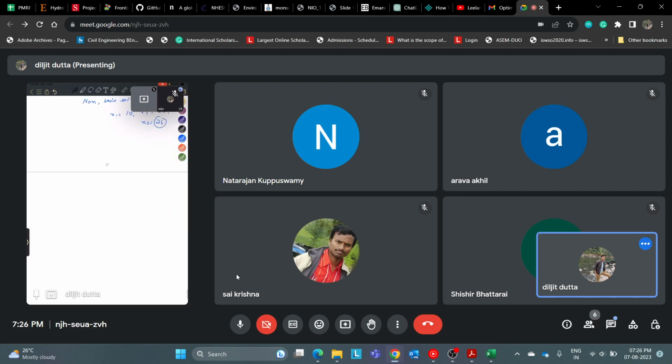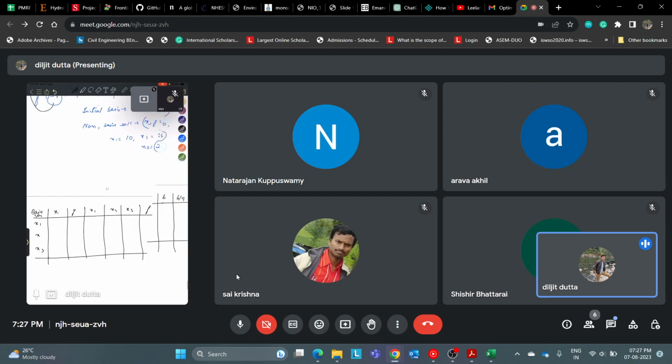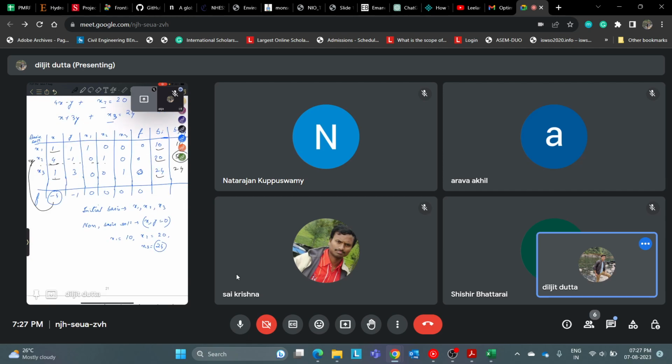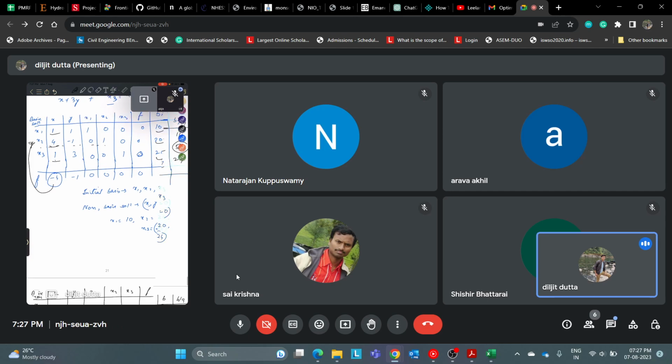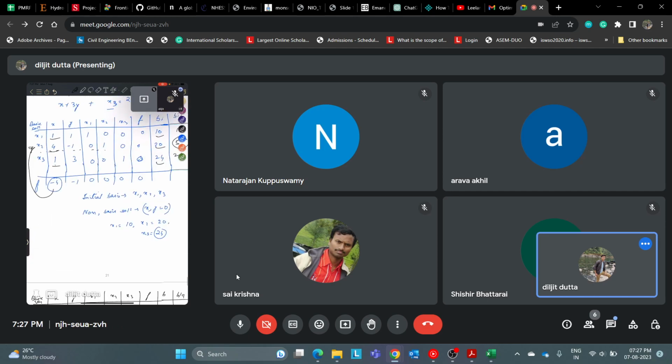We'll write the table. x1 is already there. For the second row we will divide by 4, so that the coefficient of x is equal to 1.